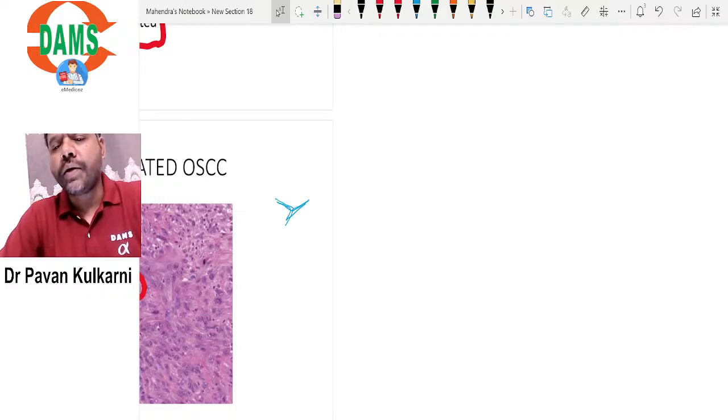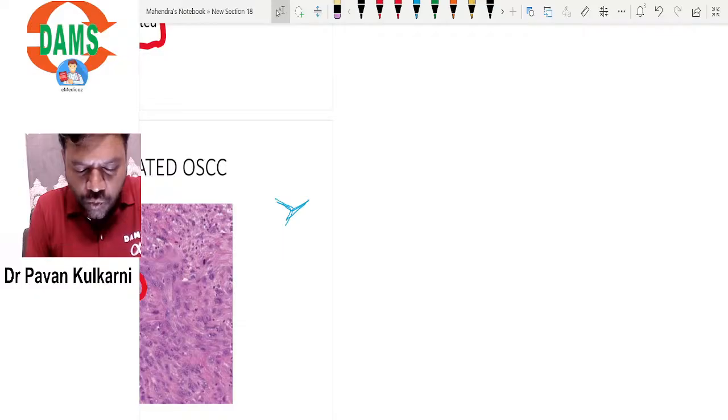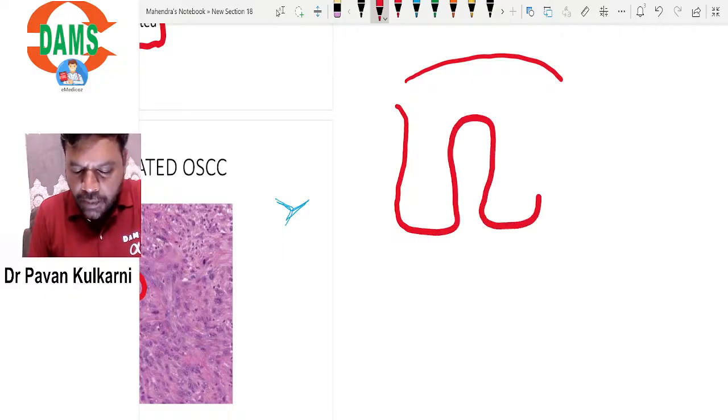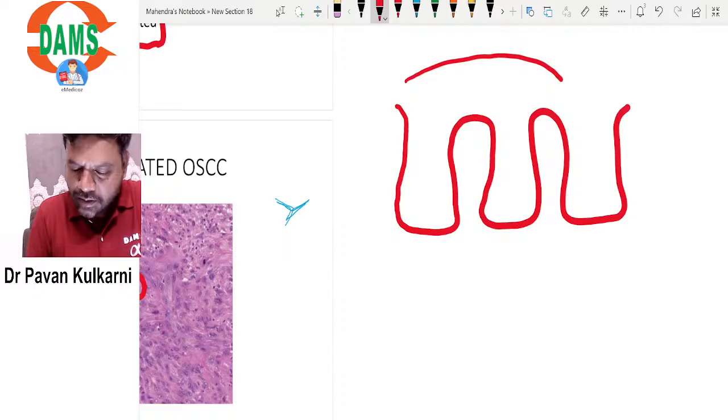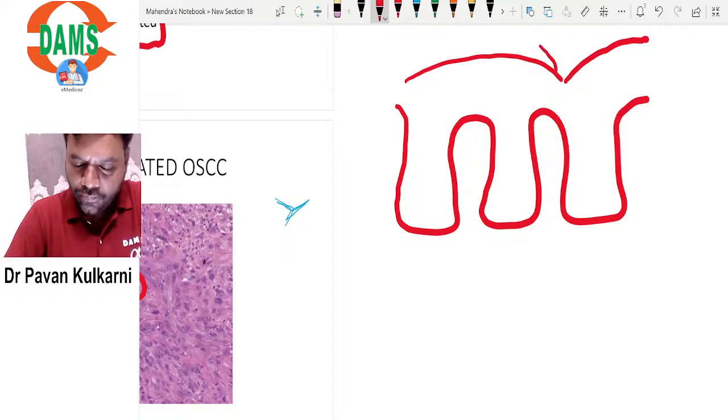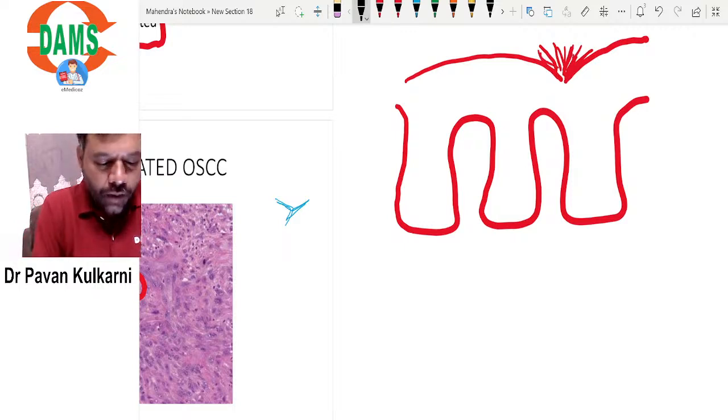This verrucous carcinoma is one which has broad bulbous rete ridges like this, and the surface has a lot of keratin plugging. So this is what I am talking about, verrucous carcinoma.